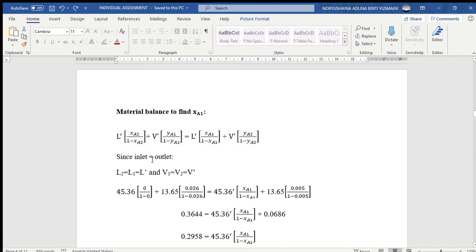Since the inlet is equal to outlet, the value of L2 is equal to L1 is equal to L prime, and V1 equal to V2 equal to V prime.